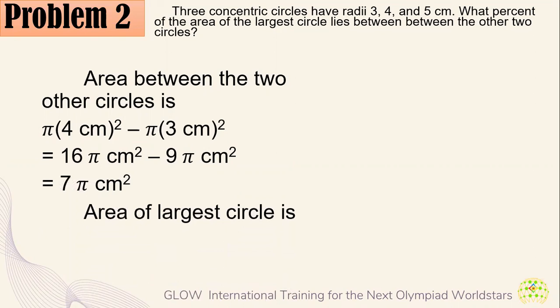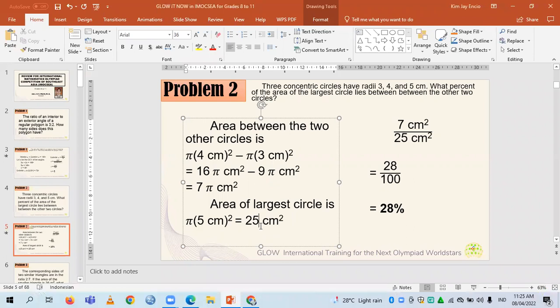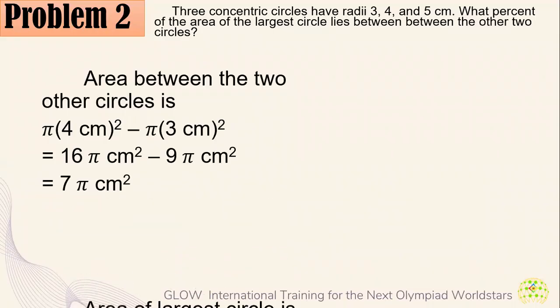And the area of the largest circle, the circle with radius 5, is pi times 5 cm squared, or 25 pi cm squared in this case. And so you could see what fraction of 25 pi cm squared is 7 pi cm squared. For such, all we have to do is divide.